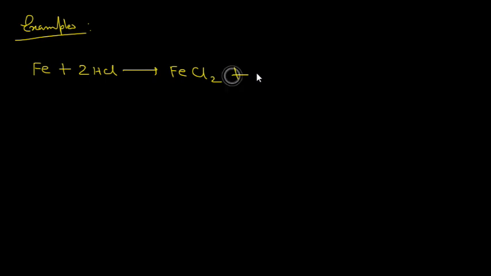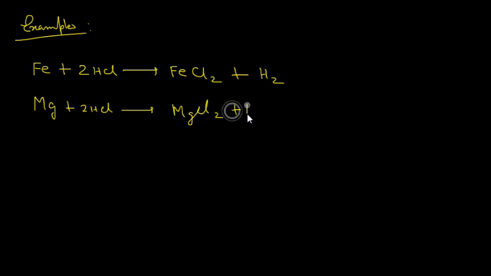Examples: Fe plus 2HCl gives FeCl2 plus H2. Mg plus 2HCl gives MgCl2 plus H2.